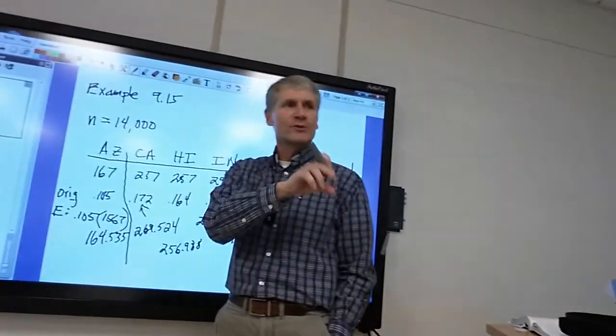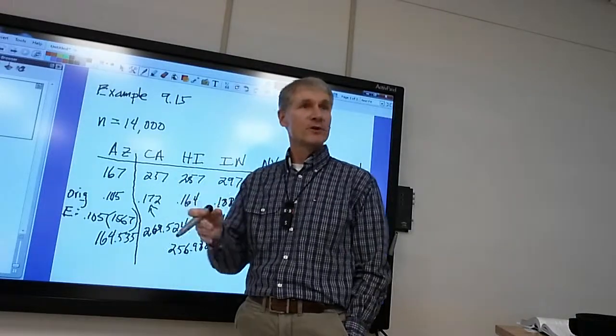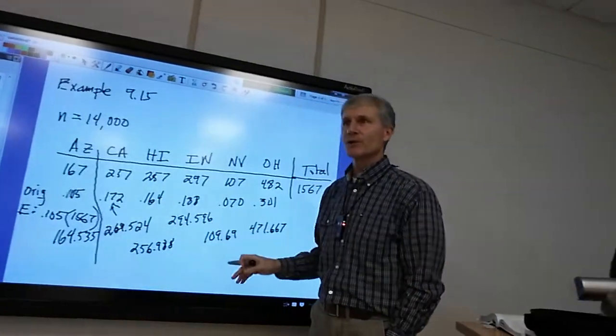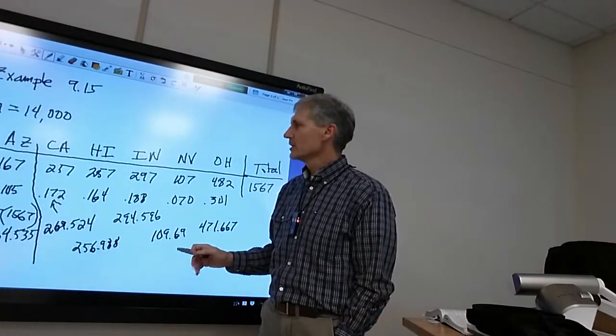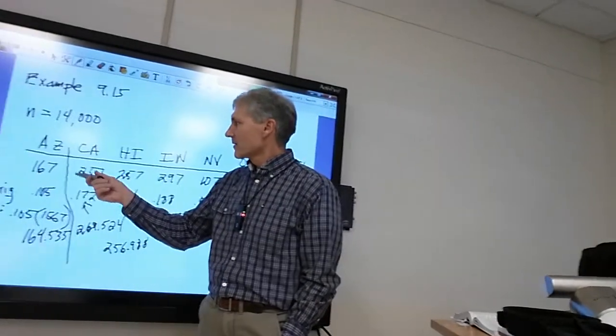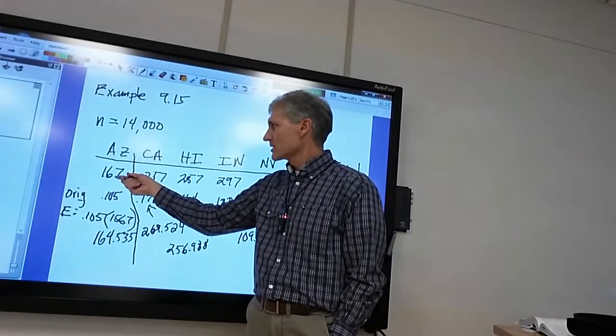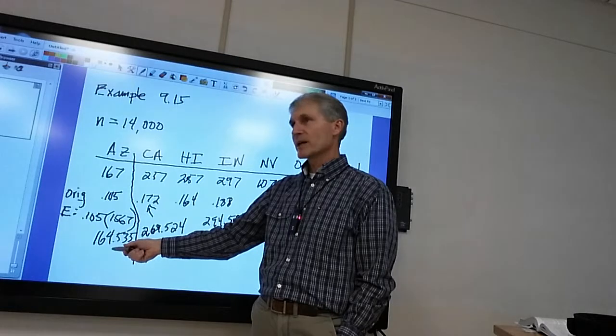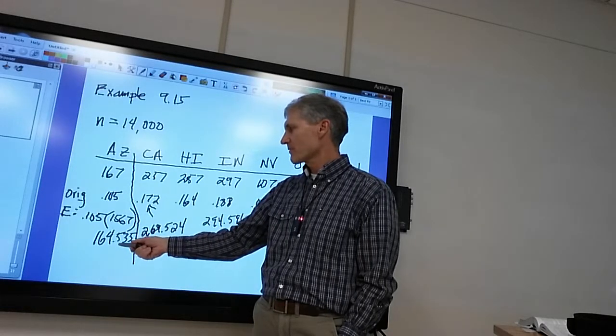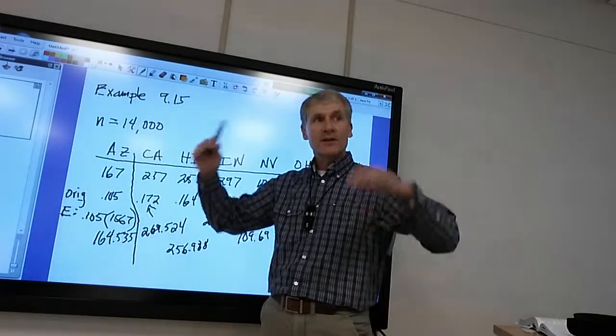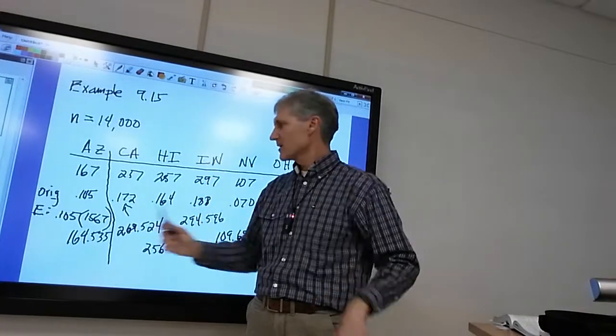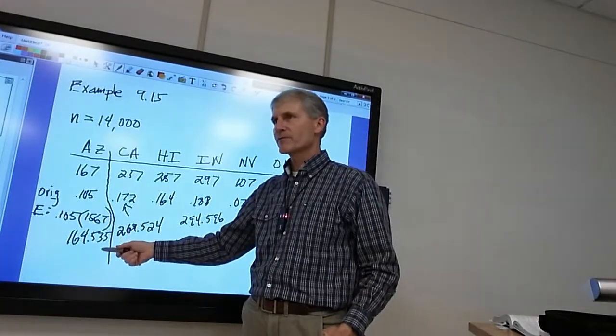Now, rather than make you do this on your calculator and sit and wait for you to do it, does everybody understand now what you would do? You're going to take the observed count, 167, minus the expected count, 164.535, quantity square that, and then divide by 164.535.